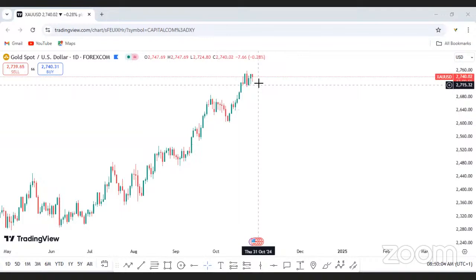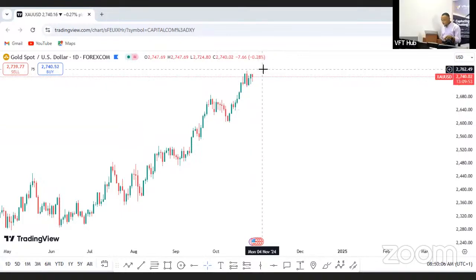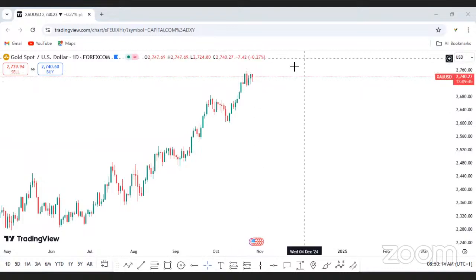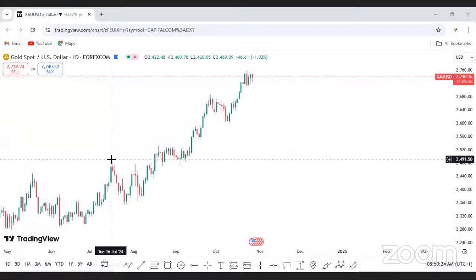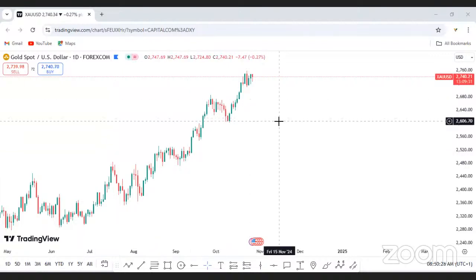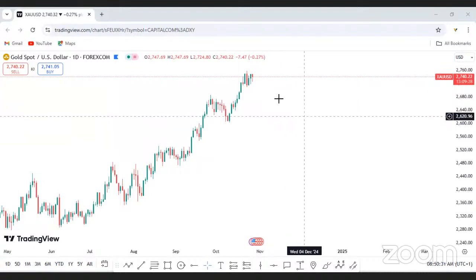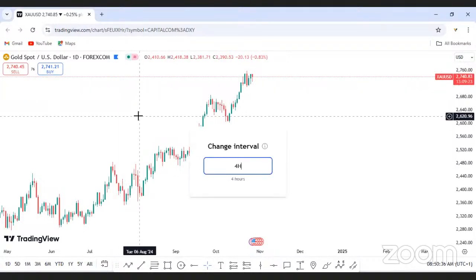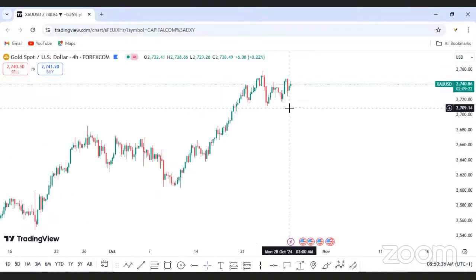At this point where it has traded to 2,750, it even extended to 2,750 plus. So at this point, we'll be expecting some retracement to the downside for gold.